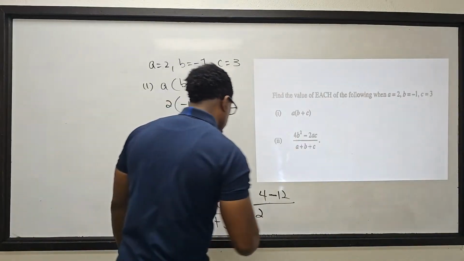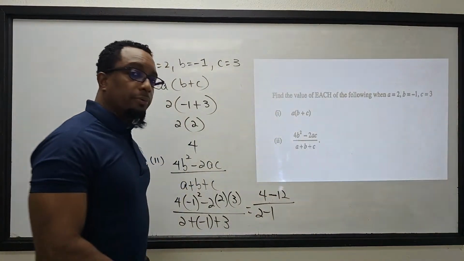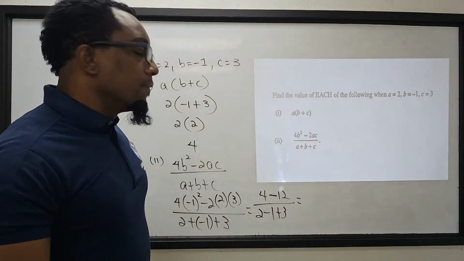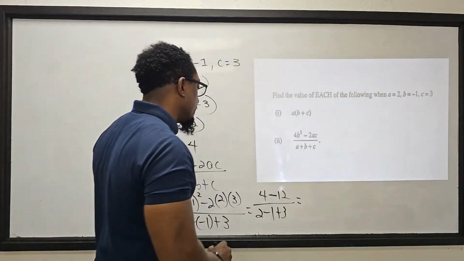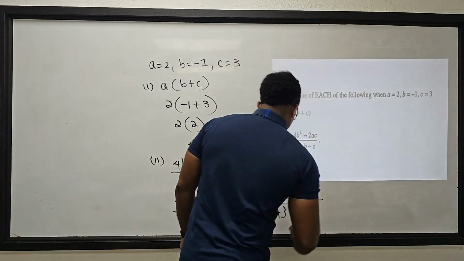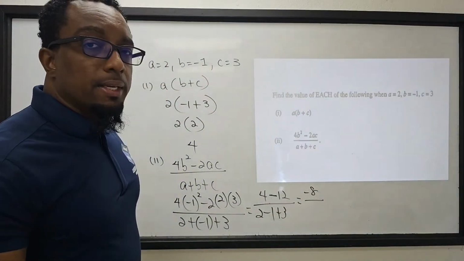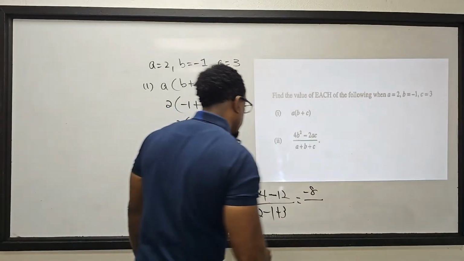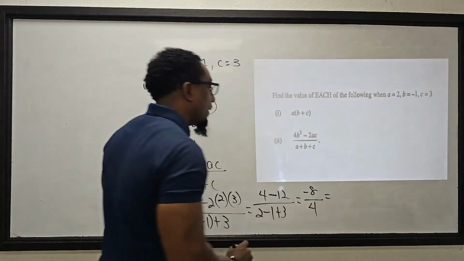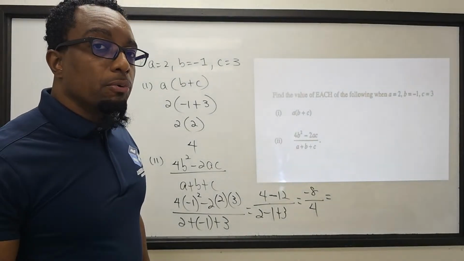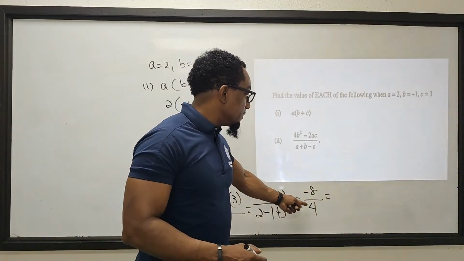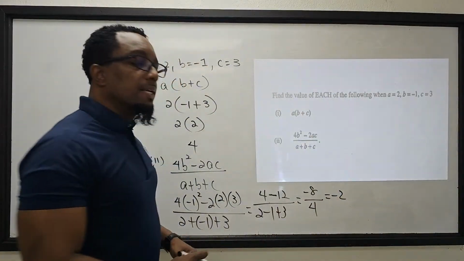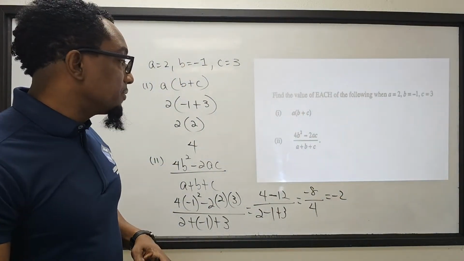So I'm going to get -1 plus 3, which is equal to 4 minus 12 will give me -8, over 2 subtract 1, it is 1, and 1 plus 3 will give me 4. And -8 divided by 4, rules of signs of division, a minus divided by a plus is a minus, and 4 divided into 8 will give me 2. So my result there is -2.